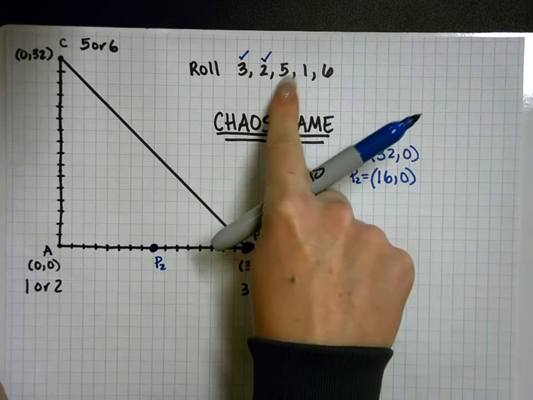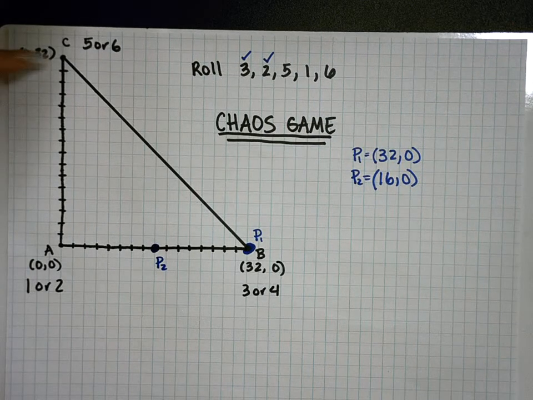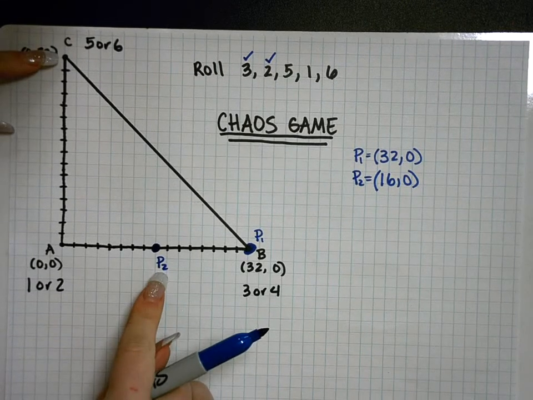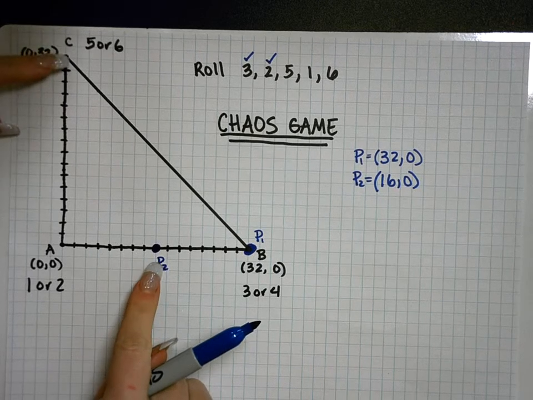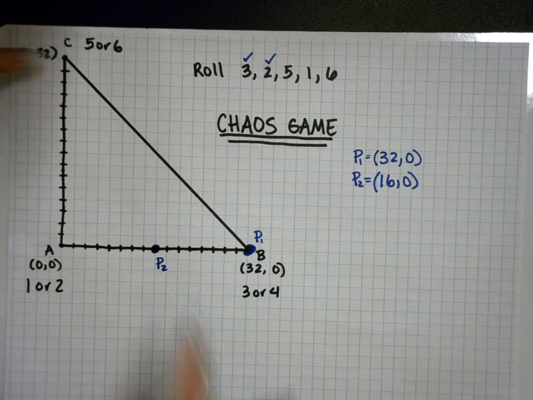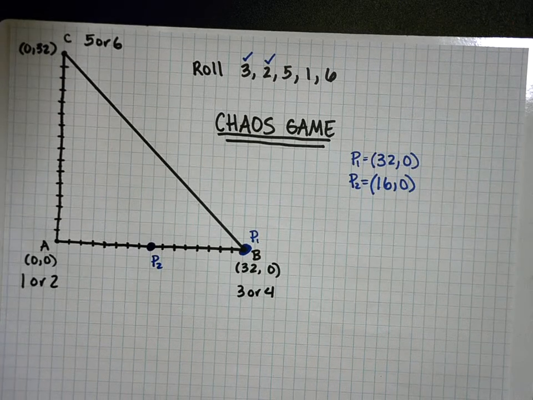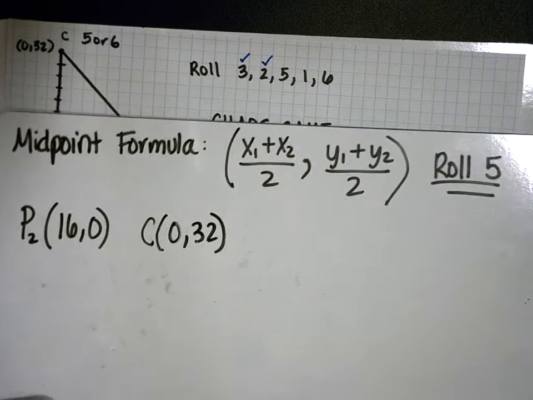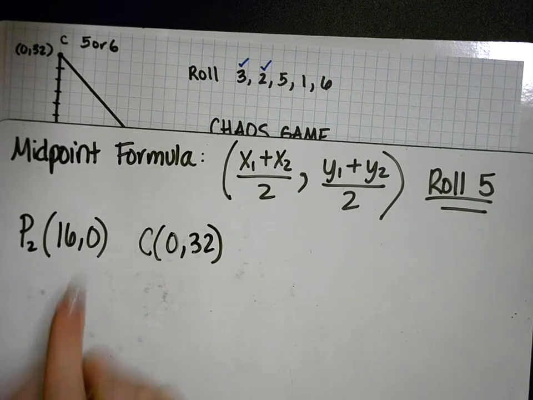Okay, now let's go on if I roll a 5. Which vertex corresponds with a 5? C corresponds with a 5. So what I need to do is mark the midpoint between my last point, which was P2, and C, which is 0, 32. So I'm going to have to use the midpoint formula again. Here's my midpoint formula. This is for a roll 5. This was the last point I just plotted.